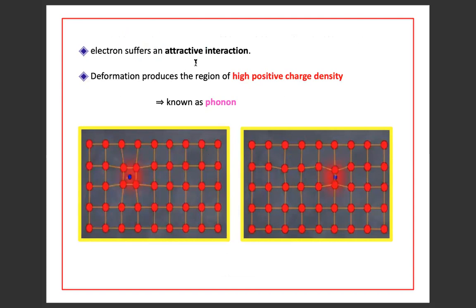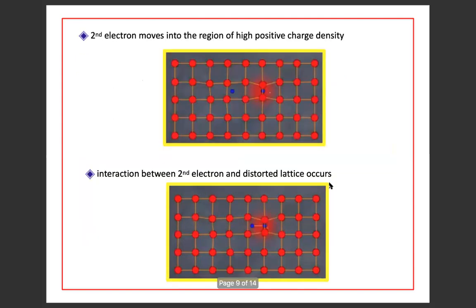So the electron suffers an attractive interaction. A region of high positive charge density is produced due to deformation, which is also known as a phonon. Suppose this electron reaches this region, then the high positive charge density region will be observed here.